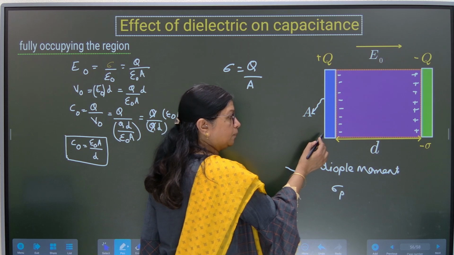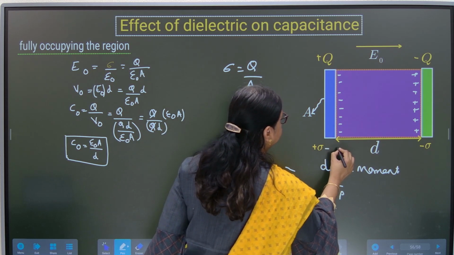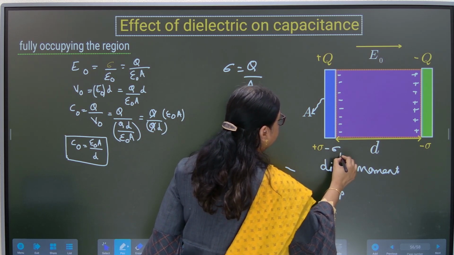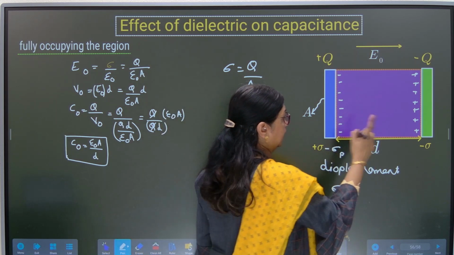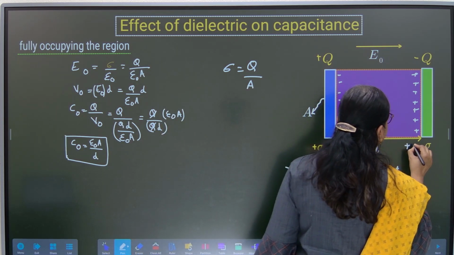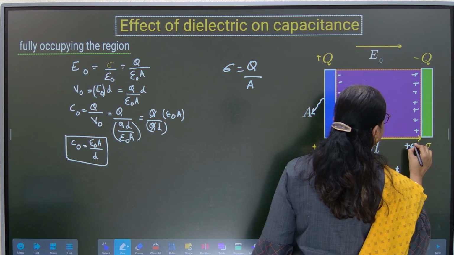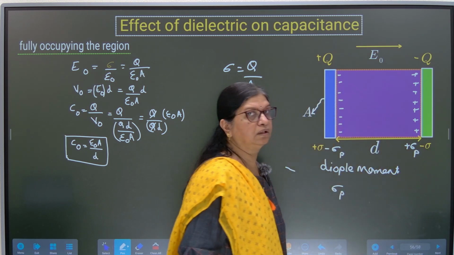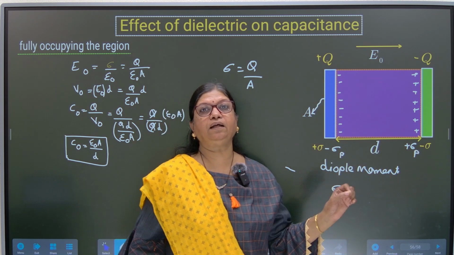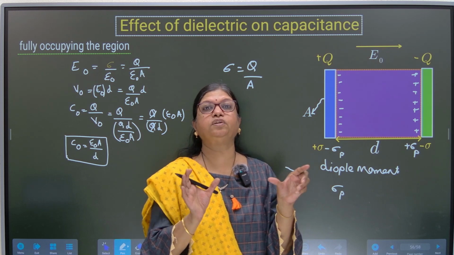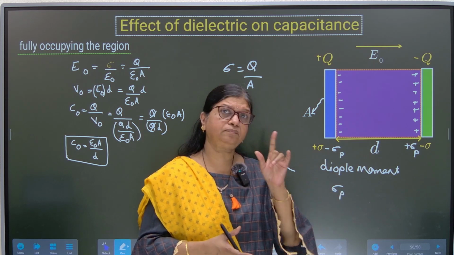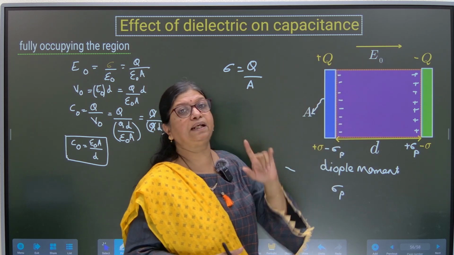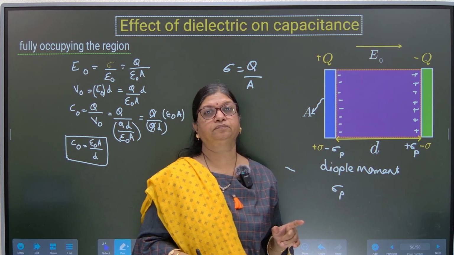So for the positive plate, there is a negative surface charge density induced. For the negative plate, there is a positive surface charge density induced by the dipoles which are formed in this dielectric due to the external electric field E naught.